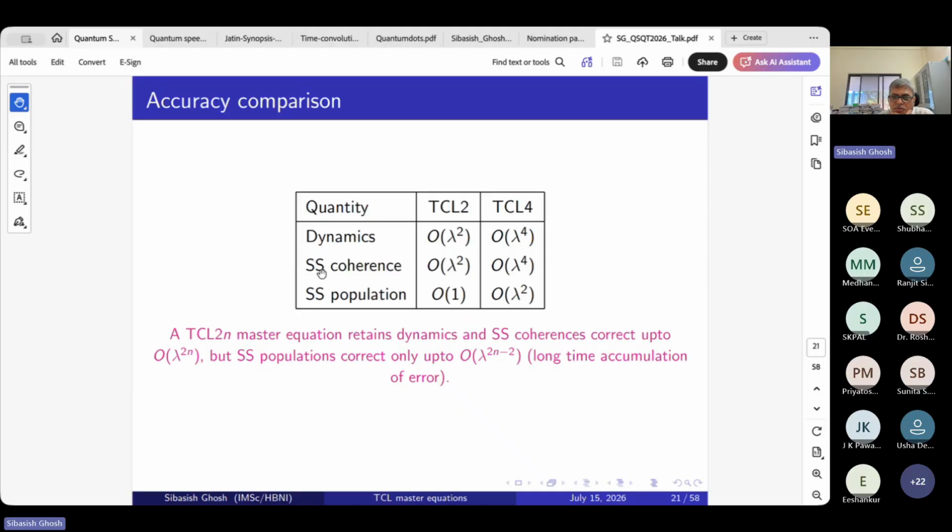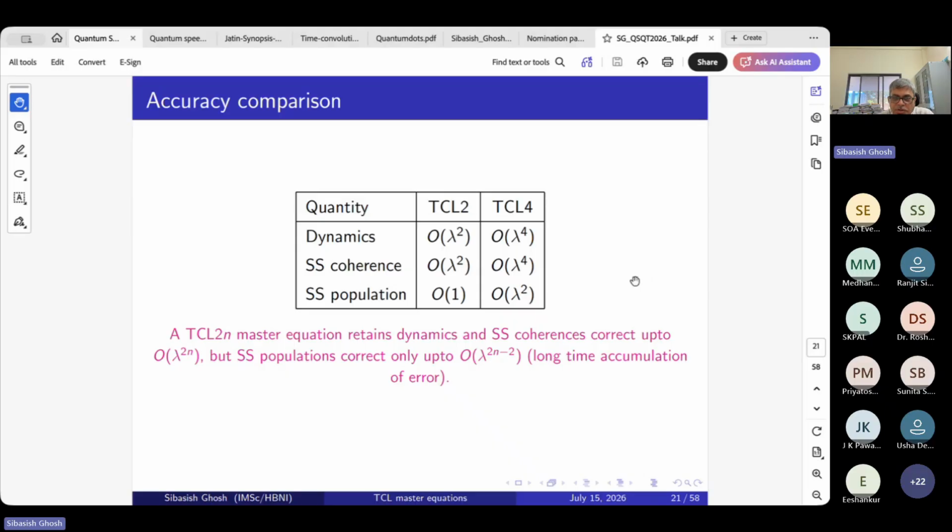On the other hand, the system will approach the steady state in general, and if you look at the coherence in the steady state, that means the off diagonal terms, that will be correct up to lambda square order for TCL2 and lambda to the power 4th order in TCL4. On the other hand, if you look at the steady state population of the system density matrix, then it will be correct up to 0th order in lambda for TCL2 and 2nd order in lambda square for TCL4.